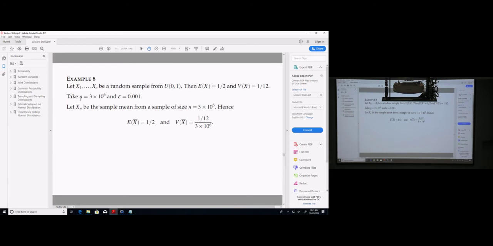And if n is 3 million, of course, unlikely we are going to do this kind of sample, and epsilon is 0.01, then we can calculate something. The sample mean X̄n will have a sample of this size. But now the variance is almost 0 because of the size that we choose.